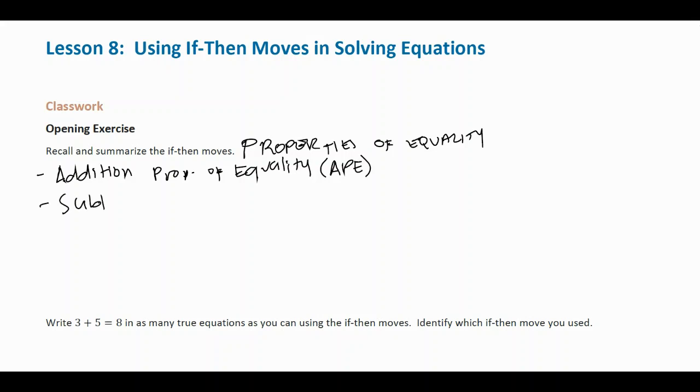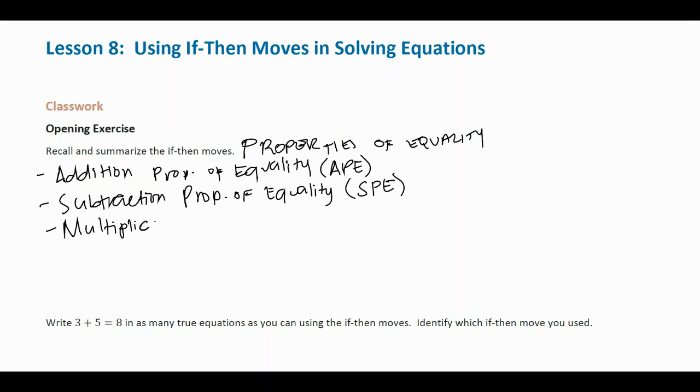Next one is subtraction. So the subtraction property of equality, we have SPE, which is commonly used. All right, we have also the multiplication property of equality.